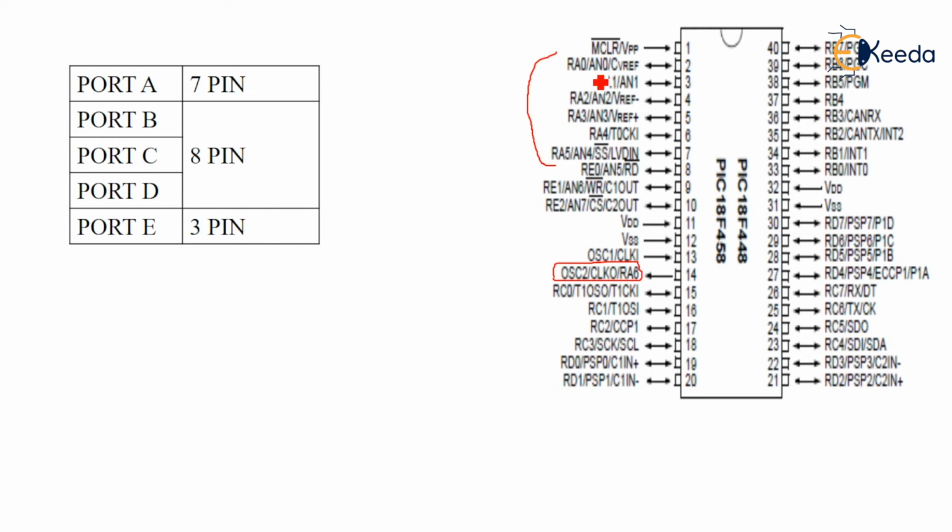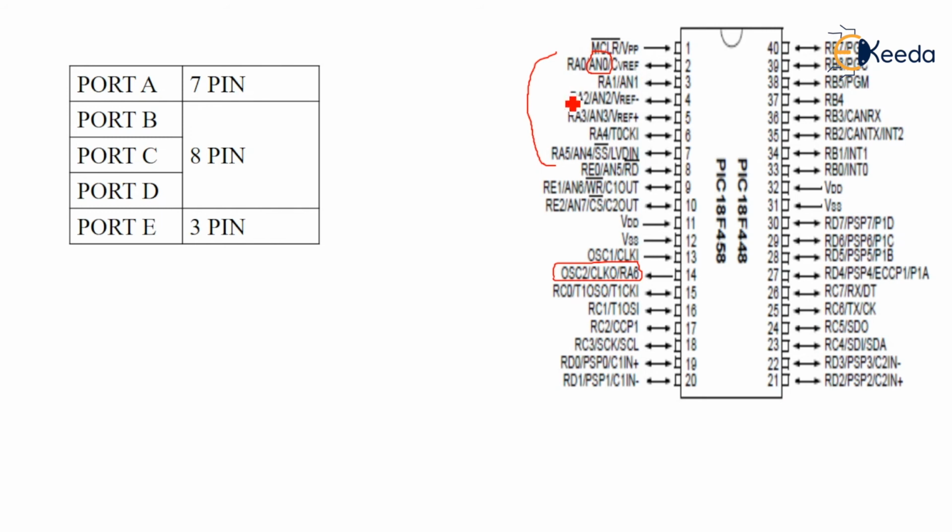Then AN0 means it is assigned as an analog input to the inbuilt ADC, or we can use it as a reference voltage.